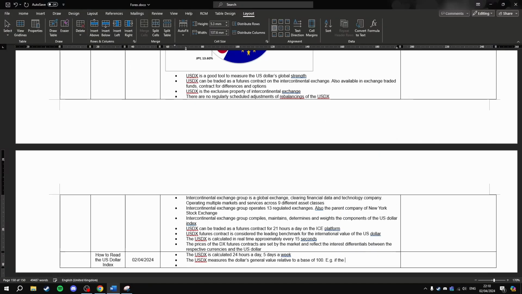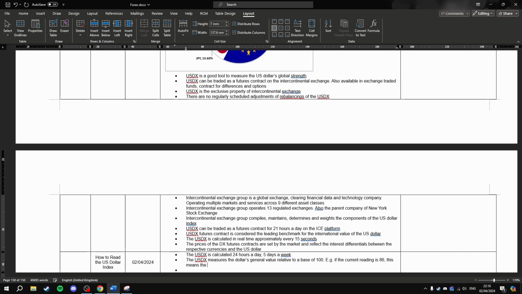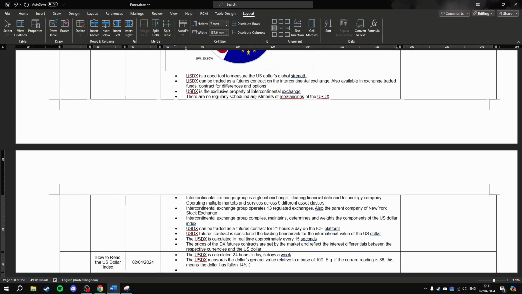For example, if the current reading is 86, let's just take a random number, this means the dollar has fallen 14%, because it's 86 minus 100, since the start of the index.